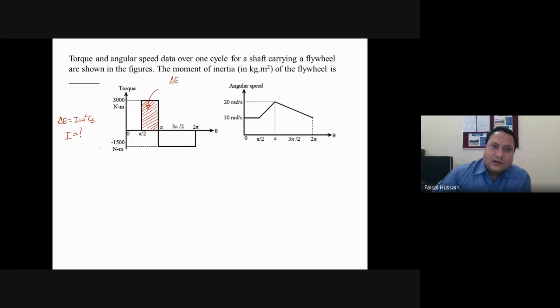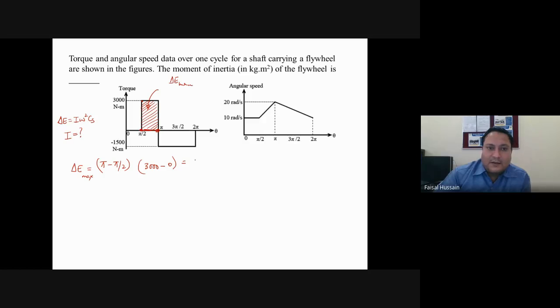So from here I can find delta E. Now it is actually a rectangle, तो डेल्टा ई इक्वल टू, फ्लक्चुएशन तो नीचे भी हो रहा है बट इट इज मैक्सिमम फ्लक्चुएशन दैट आई हैव टू कंसीडर। ये है -1500 और ये है 3000 का फ्लक्चुएशन। अब इसका एरिया, टेल मी द एरिया, बेस इनटू हाइट। तो व्हाट इज द बेस? ये बेस है, तो दिस इज pi और दिस इज pi by 2, तो pi minus pi by 2 इज द बेस। And what is the height? This is 3000 minus 0.